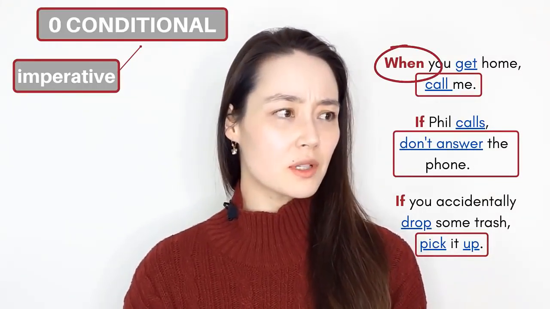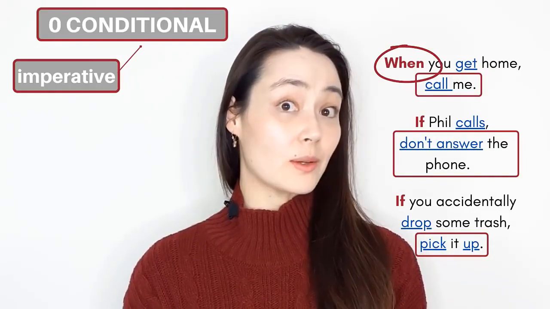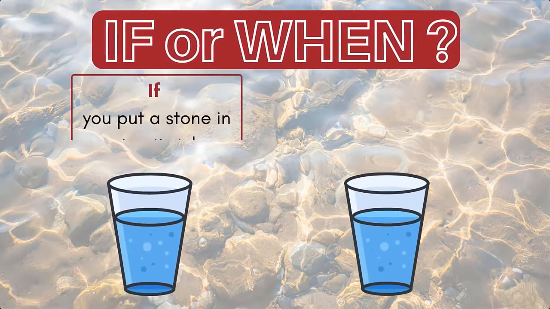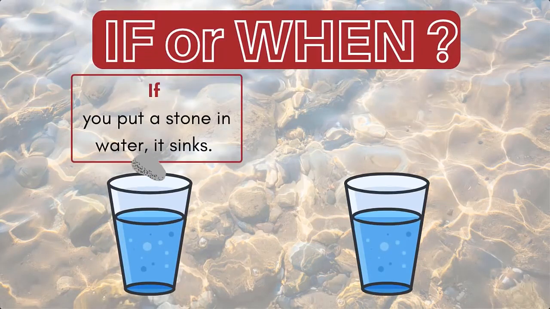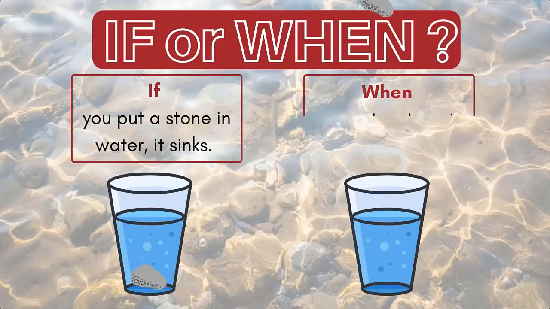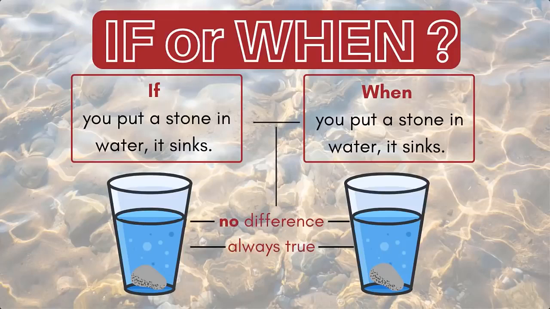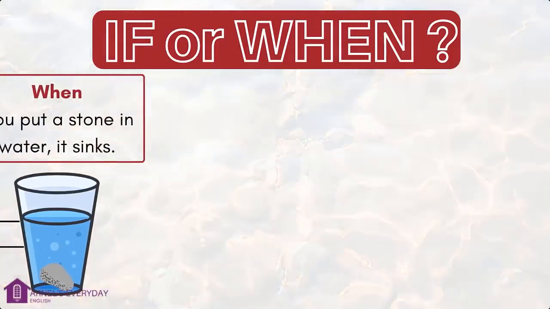So what's the difference between if and when? If you put a stone in water, it sinks. When you put a stone in water, it sinks. There is no difference in meaning because this is always true. But sometimes there is a difference. Let's get specific.